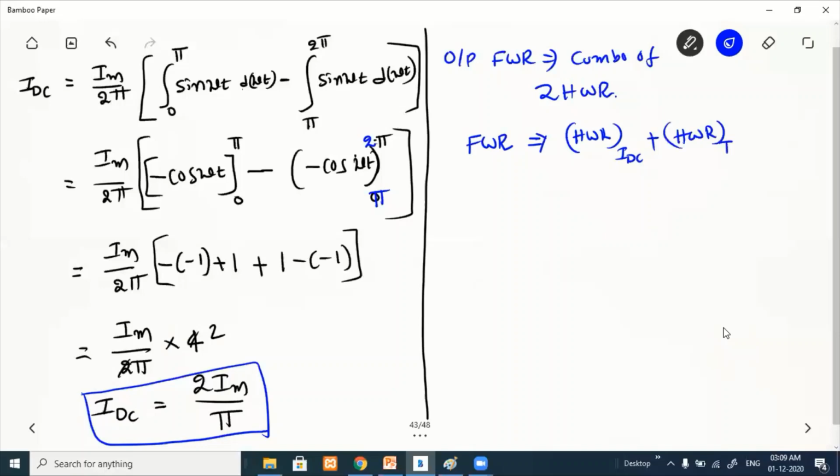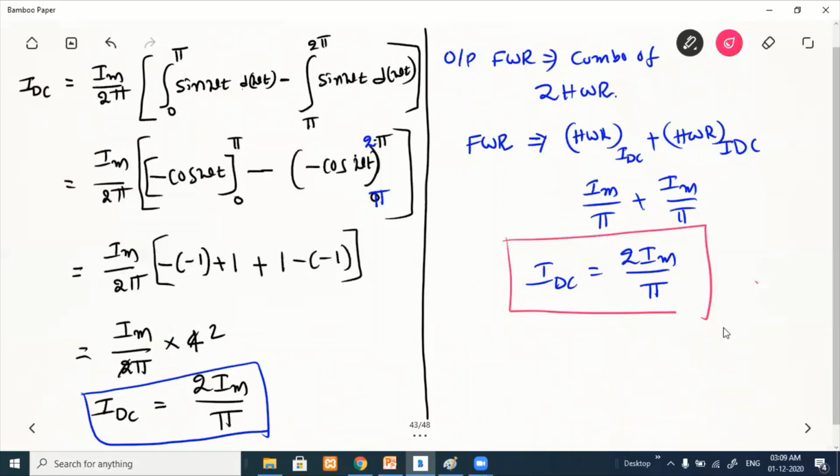So IDC for half-wave rectifier is Im by pi, plus Im by pi. So IDC equal to 2 Im by pi. Likewise we can also calculate IDC equal to 2 Im by pi, that is the average DC load current.